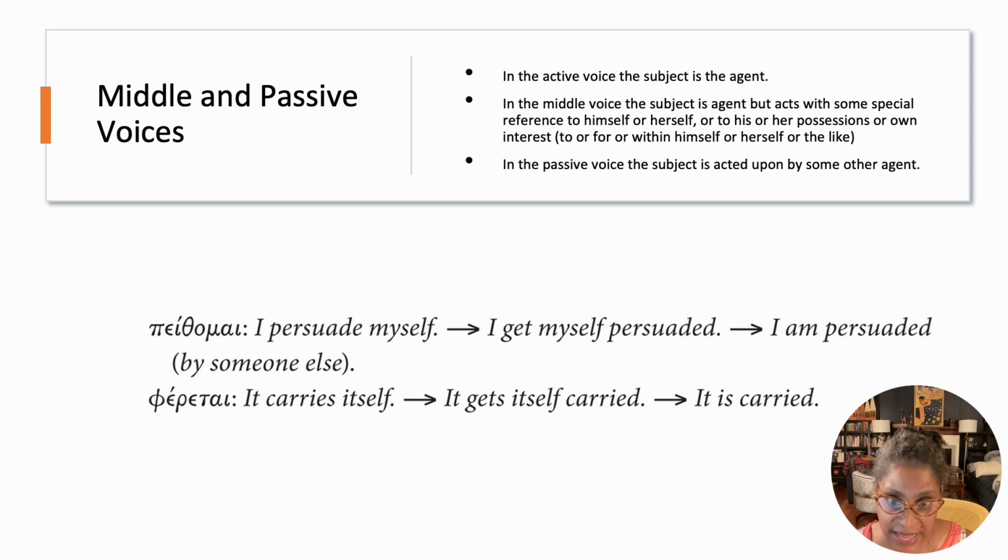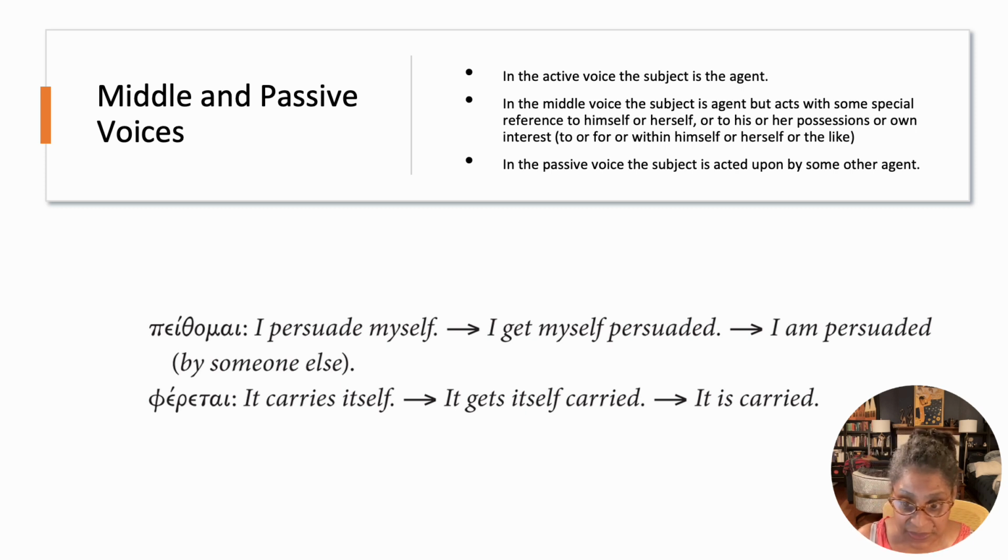But in general, we have the active voice, which is when the subject is doing the verb, right? It's the agent of the verb. In the middle voice, the subject acts in some special way with reference to him or herself, or for his or her benefit, or upon him or herself. So, for example, in our story, Xenophamus and Hegestratus threw themselves into the water, right?